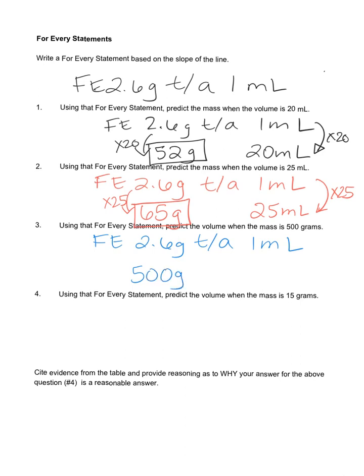To go from 2.6 to 500, it's not quite as easy as the other ones were. So I would probably need to do 500 divided by 2.6, which gives me 192. So I did 500 divided by 2.6, and that gave me 192.